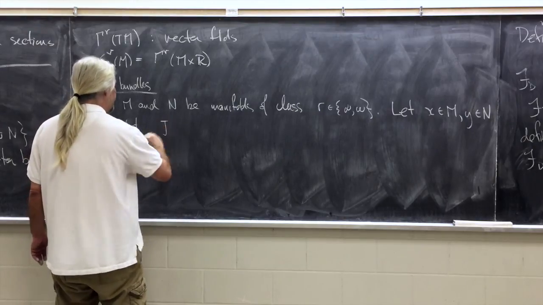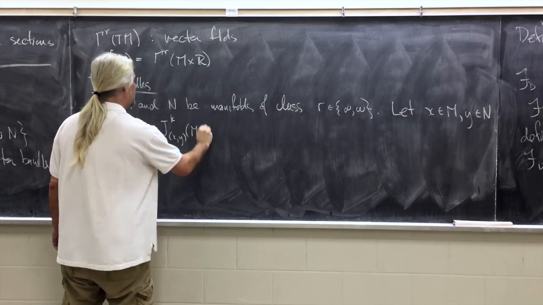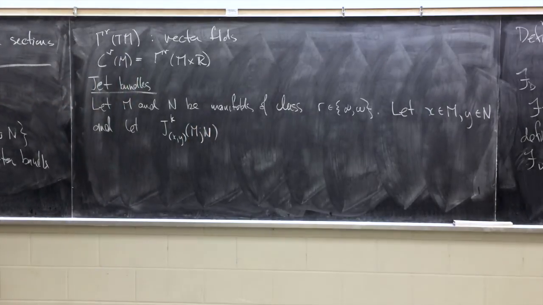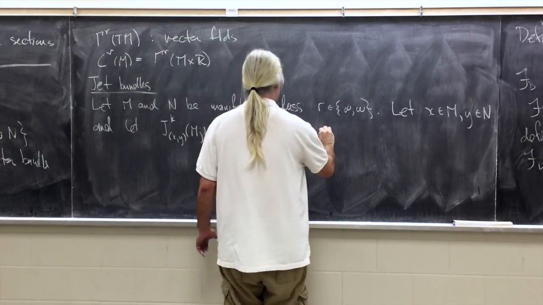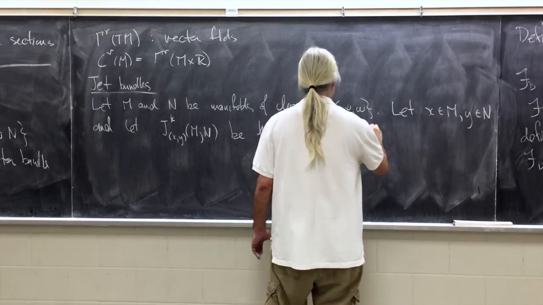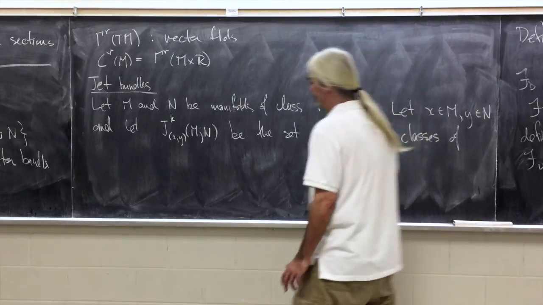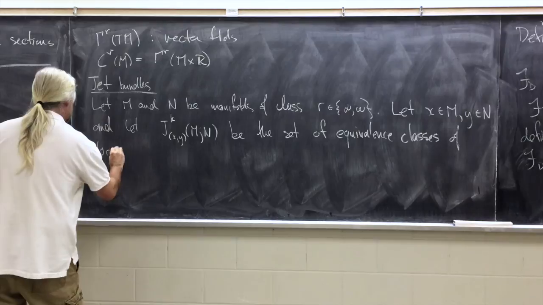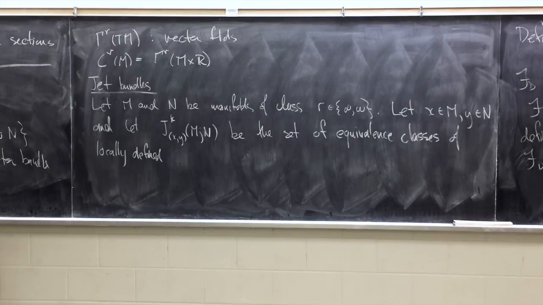I'm going to let J^k_{x,y}(M,N) be the set of equivalence classes of locally defined mappings in neighborhoods of x and y that, first of all, map x to y and agree at x to order k. When I say locally defined, I mean these mappings may only be defined from a neighborhood of x to a neighborhood of y. They're all going to map x to y, but they're not necessarily globally defined.